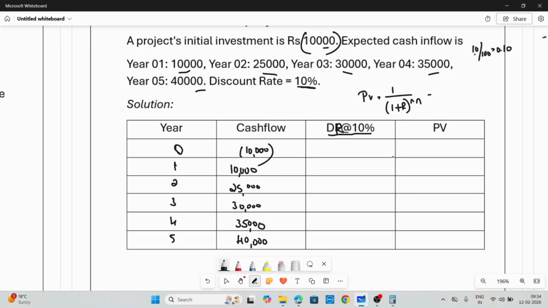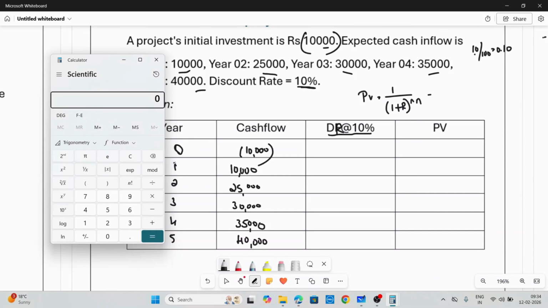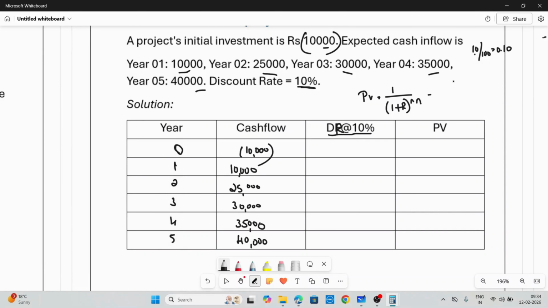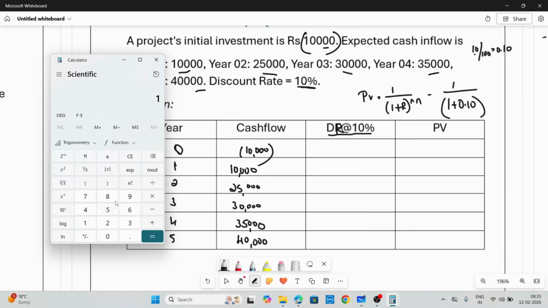So the discount rate is equal to 1 divided by 1.10.